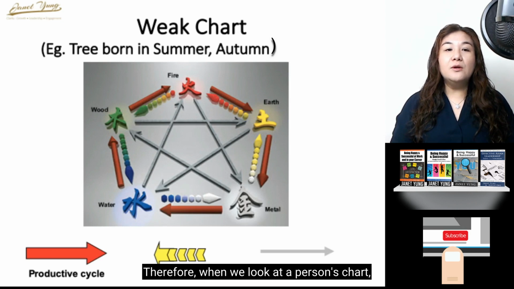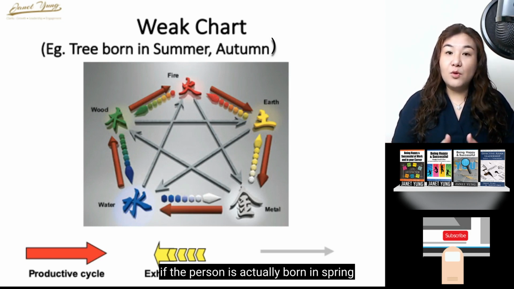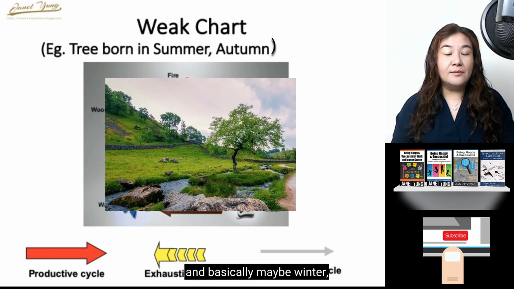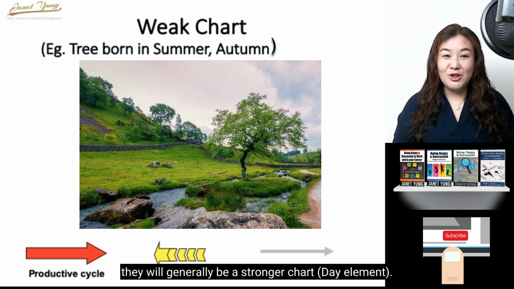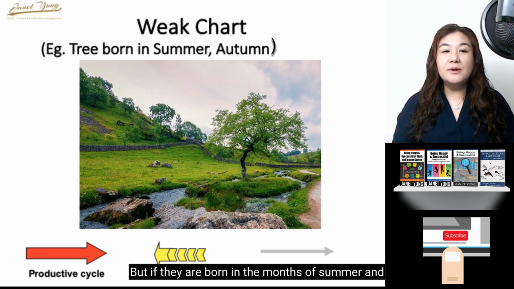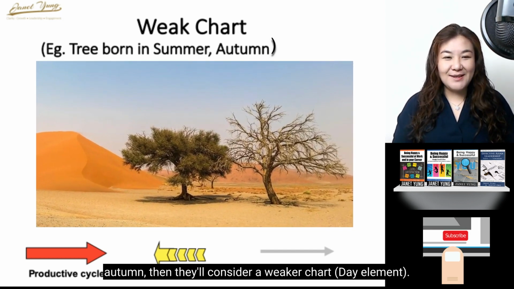Therefore, when we look at a person's chart, if the person is born in spring and maybe winter, they will generally be a stronger chart. But if they are born in the months of summer and autumn, then they are considered a weaker chart.